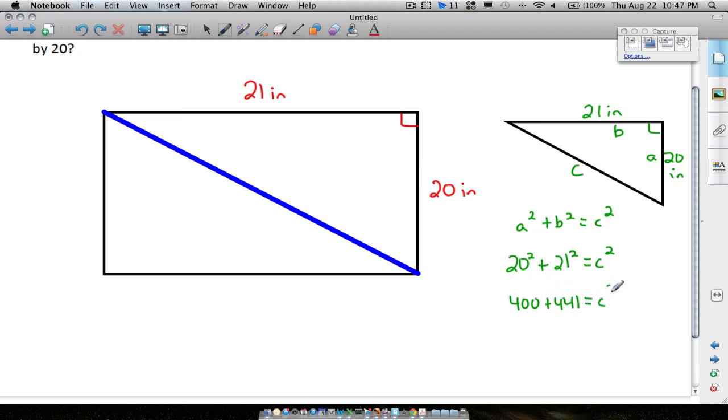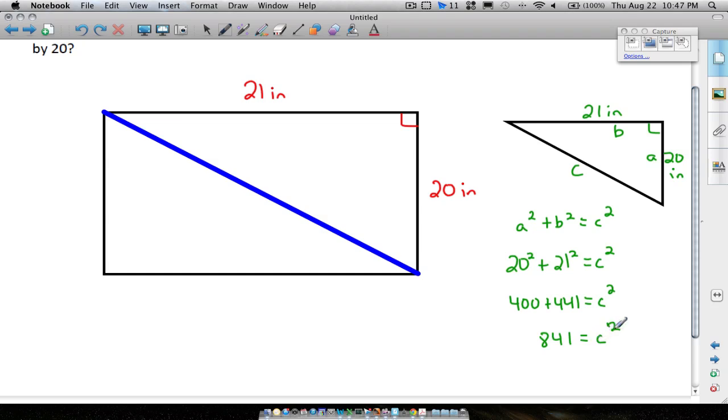And this is equal to c squared. We're trying to find c squared. When you add 400 plus 441, that gives you 841. That is not the size of that TV. What you want to do here, since you have, and I wrote c, but this needs to be c squared. We don't know what c is yet. But in class we talked about this too.